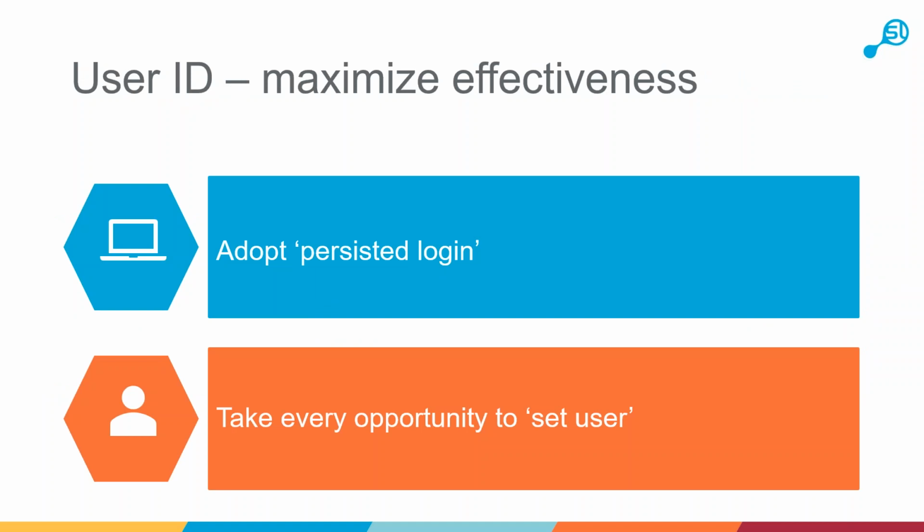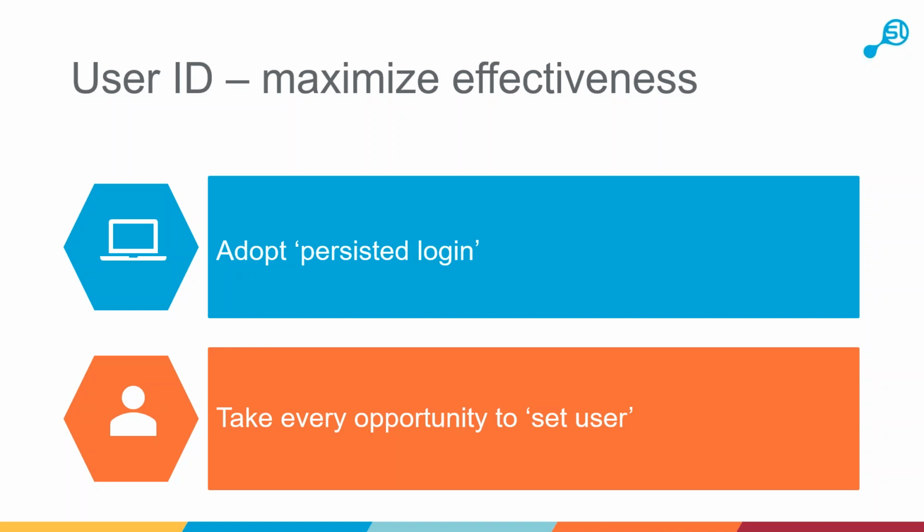So the user ID is really important, and to maximize its effectiveness, as I said, it requires a login. Upon login, it would be extremely beneficial to adopt a persisted login, such as one that Amazon or another retailer might use. That just means that we can track as many interactions as possible going forward for that user.